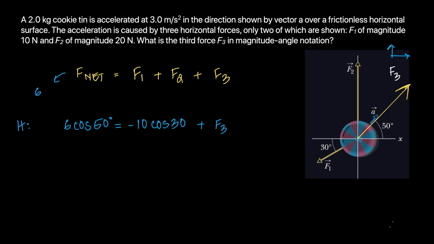I'm struggling for space. The angle of F3 is theta. So the horizontal component is going to be F3 cosine of theta. Those are all my horizontal forces resolved, right?